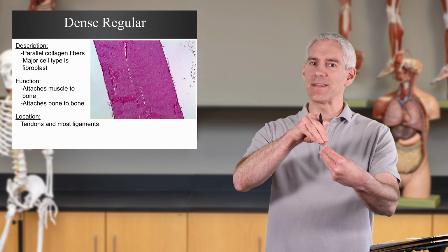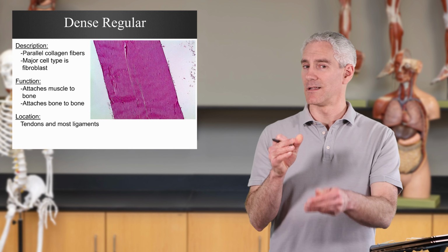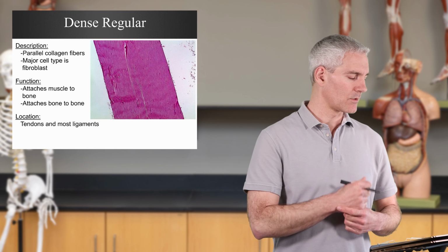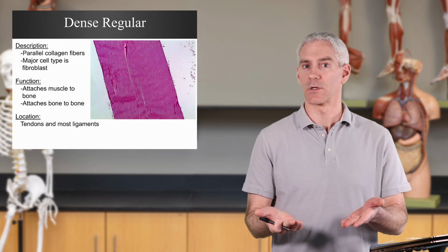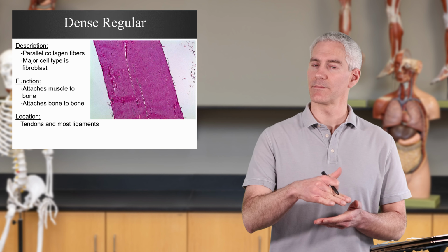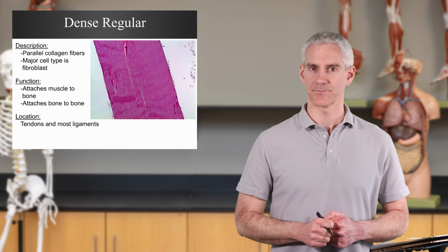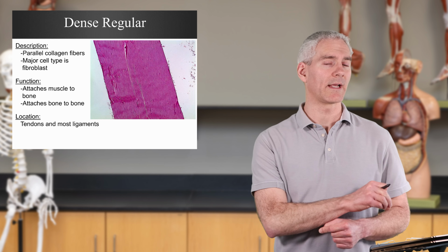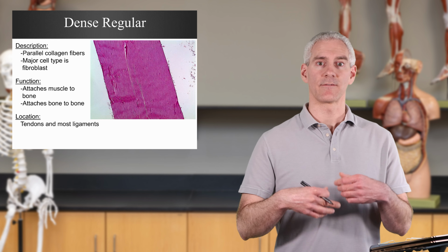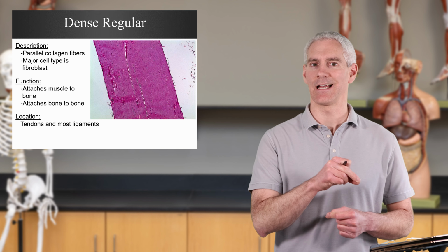There's a lot of strength in the direction the fibers run, but not much in the directions they don't run. So it helps with attaching bone to bone or bone to muscle. Again, bone to bone is ligament, bone to muscle is tendon. This is your dense regular, falling in that dense or firm gel matrix inside the connective tissue proper category.